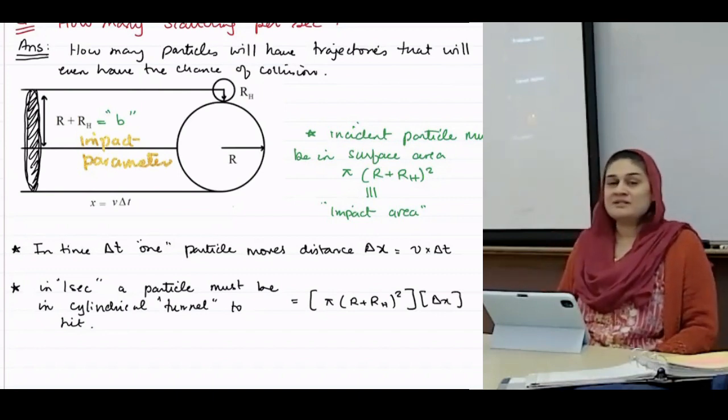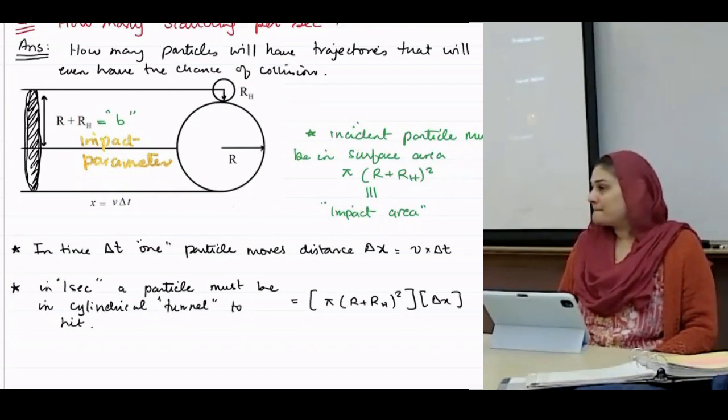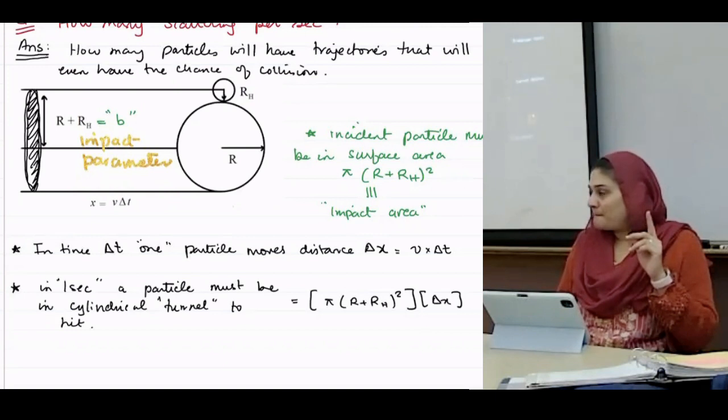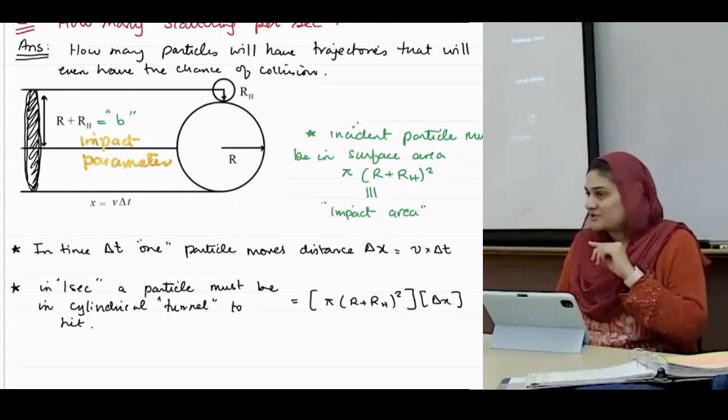What is the volume of a cylinder? Pi r squared h? Is my h delta x?